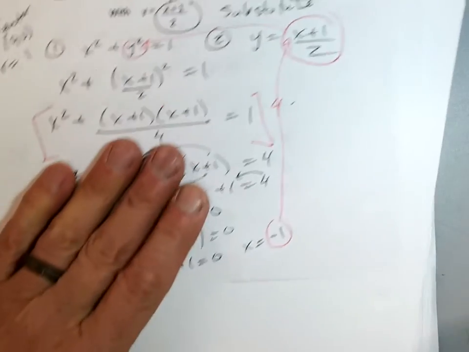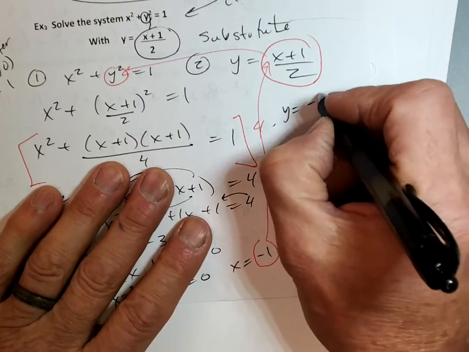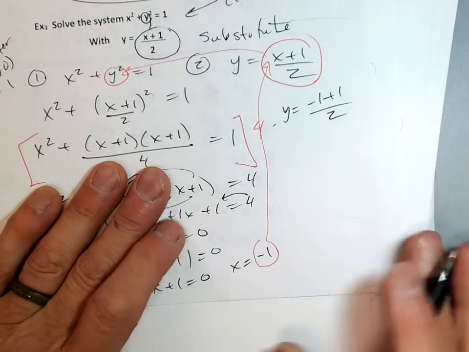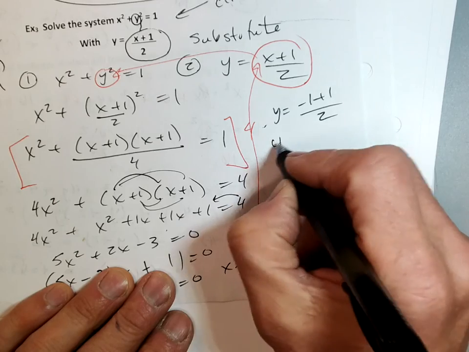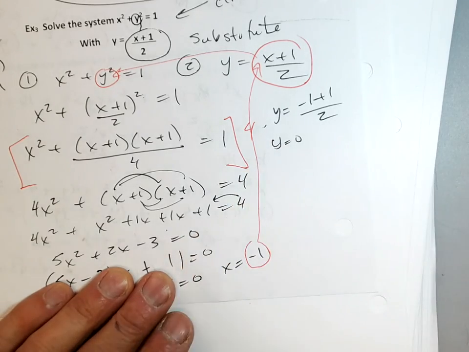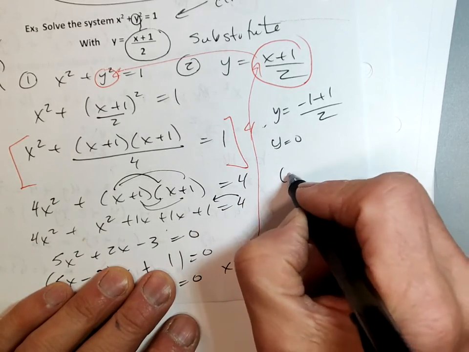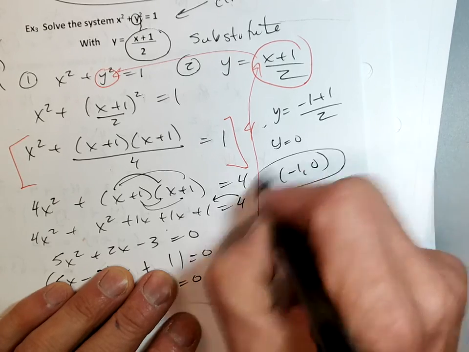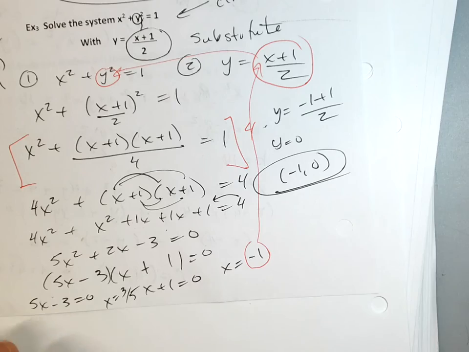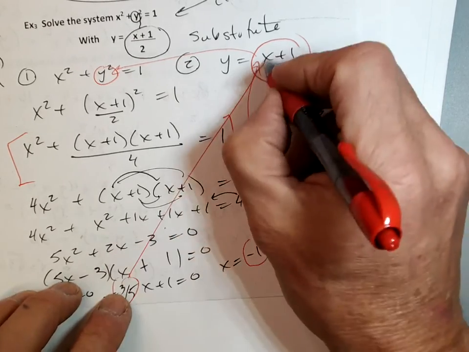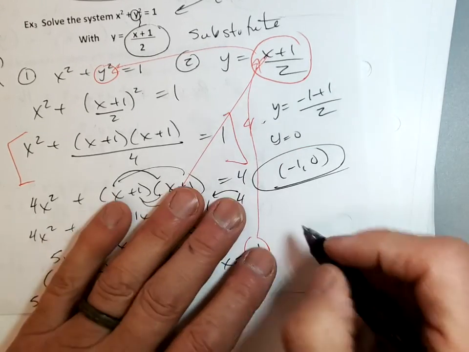So I'll have y equals negative 1 plus 1, over 2, which is 0. So one of my points is at negative 1, 0. Circle that.